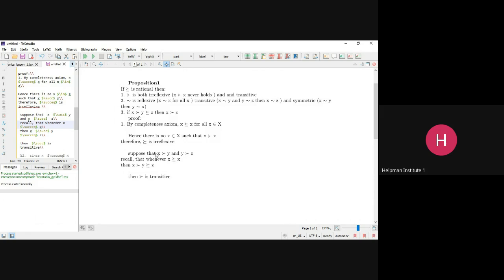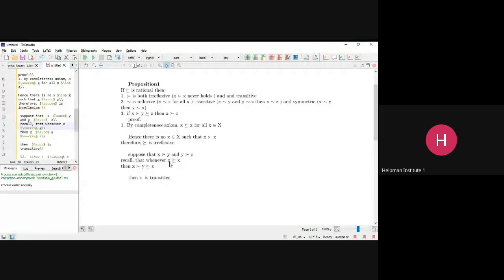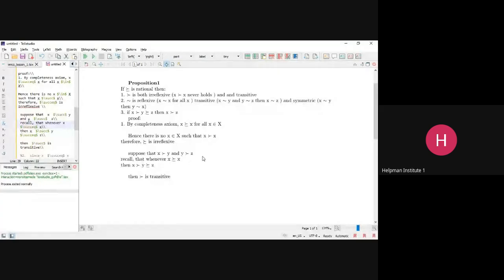I agree that x strictly dominates y here. That is what I'm having here. Then I can make y at least as good as x here. So that is the logic, and that is what we have in this.